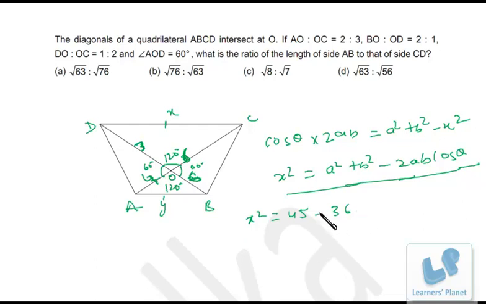So it's a plus, 36 by 2, that means it is 18. So x square is 45 plus 18, that means it is 63. Now friends, x square is 63, that means x is root 63, that means CD is root 63.